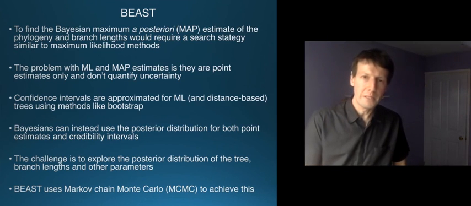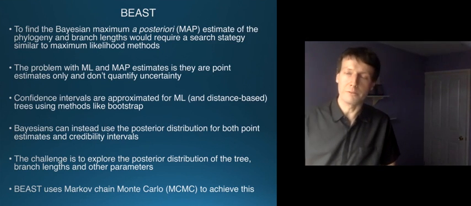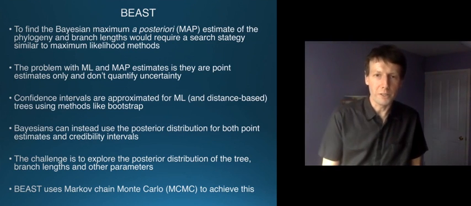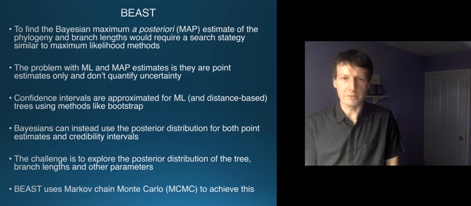Another problem with MAP and maximum likelihood point estimates of a tree is that they don't quantify uncertainty. In maximum likelihood and also distance-based methods, one can use methods such as bootstrap for approximating confidence intervals, but instead what Bayesians do is use the posterior distribution both for obtaining point estimates and also credibility intervals.